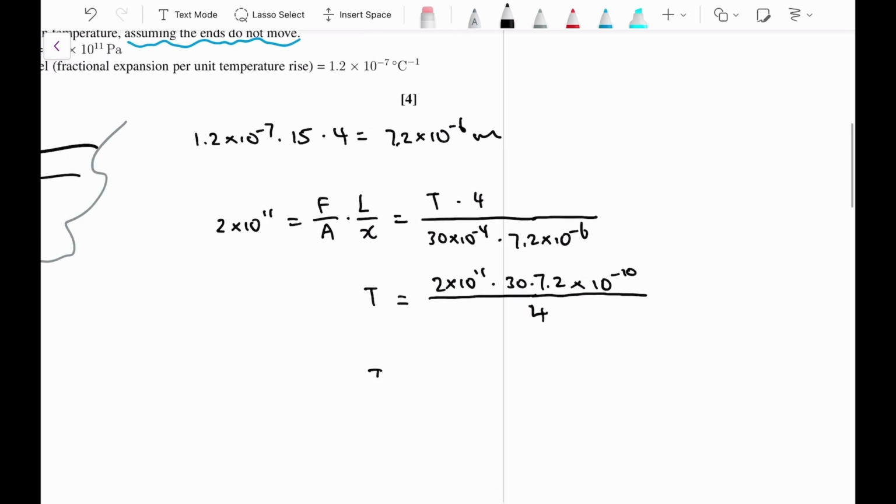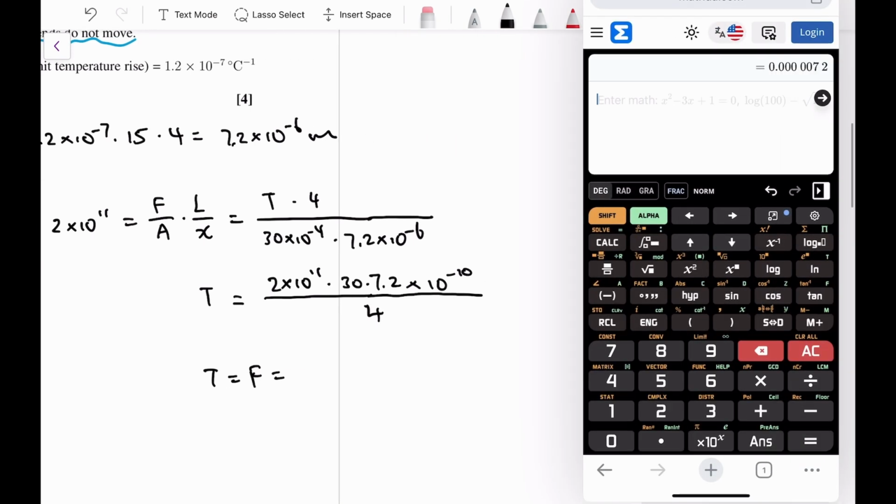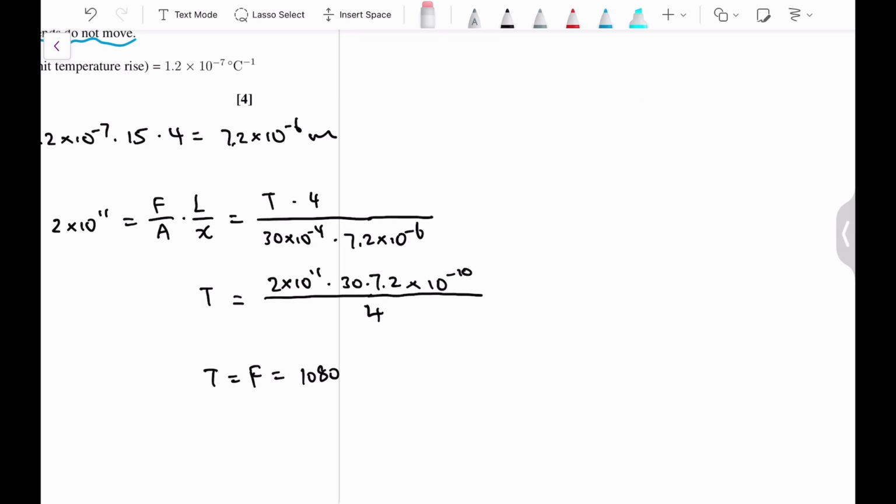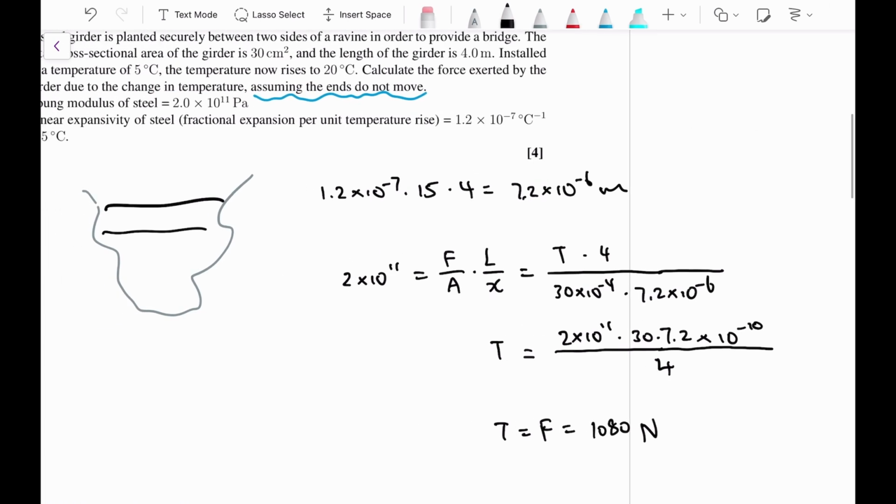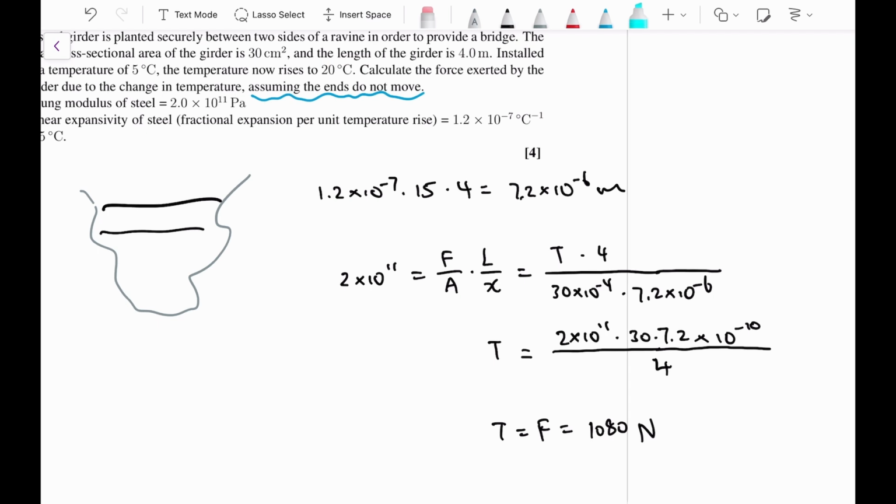And so therefore T, or force, will be equal to 10 to the power of 11 times 30 times 7.2, and then times 10 to the power of negative 10 over 4. So that will be equal to this, and then the units, which is Newton. And this will be the answer to the first question.